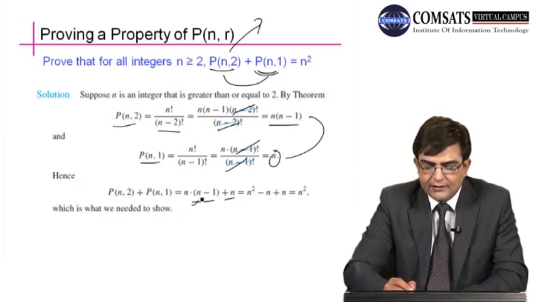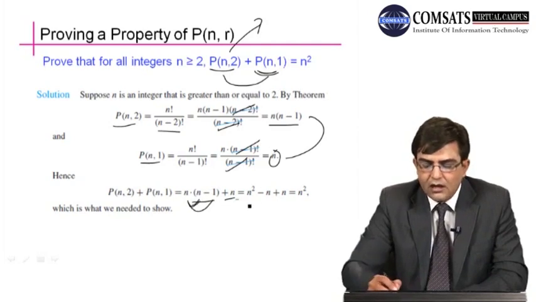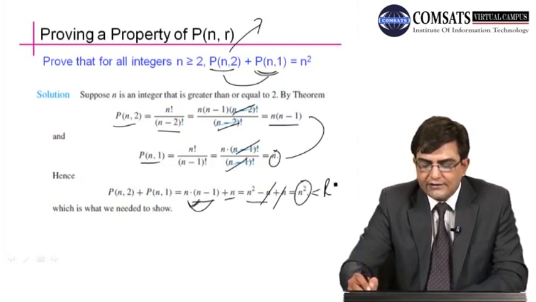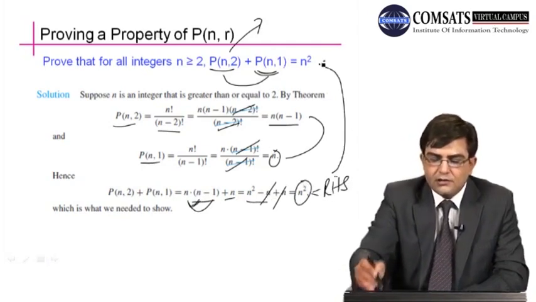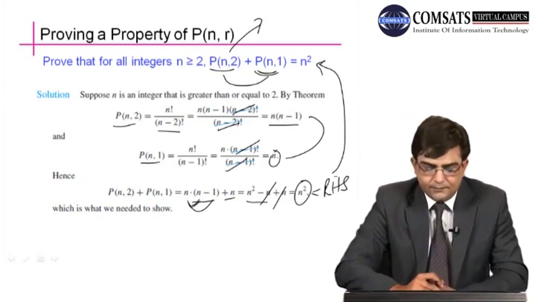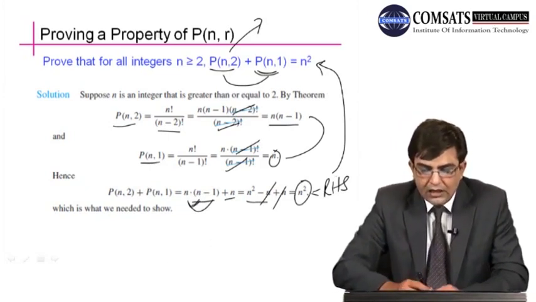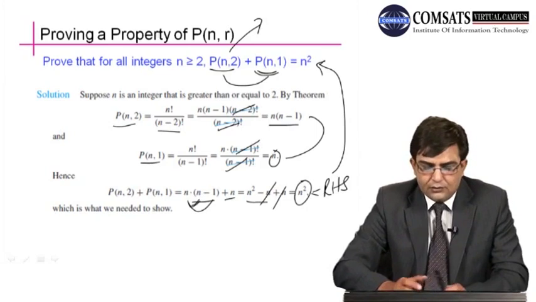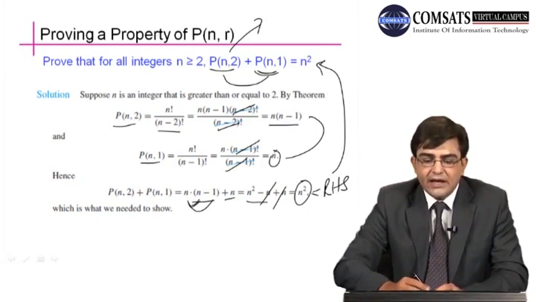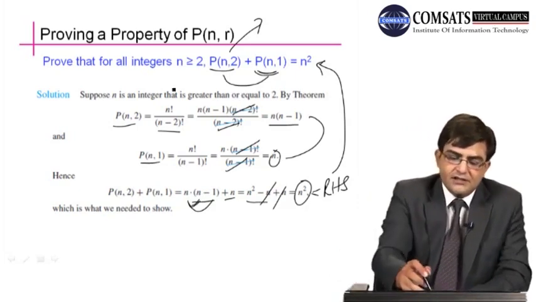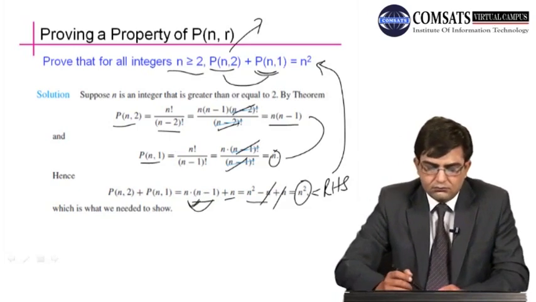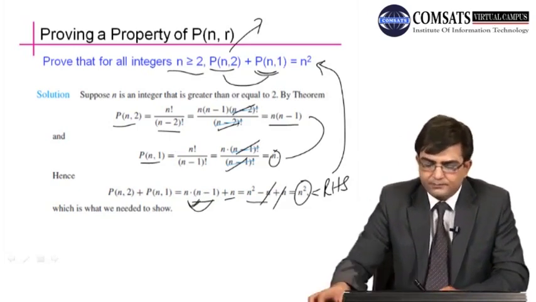If we multiply it out, we get n square minus n plus n. The minus n is cancelled out with the plus n, and we get n square, which is the right hand side of this equation, as we needed to show. So this is how we can prove any property of P and R for any integers n greater than or equal to 2.